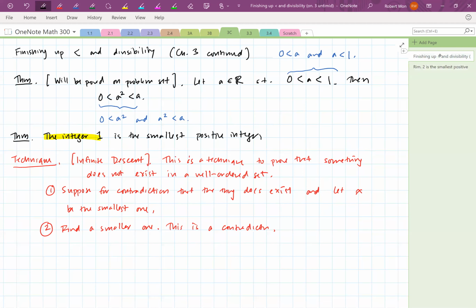And now I want to use my previous theorem, which you're going to prove on a problem set, which actually holds for all real numbers, but in particular holds for integers. If x is between 0 and 1, then x squared is between 0 and x.